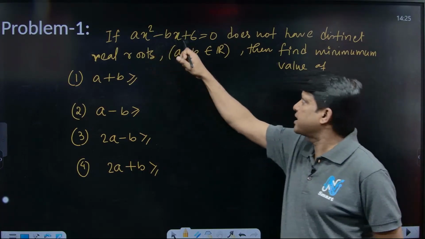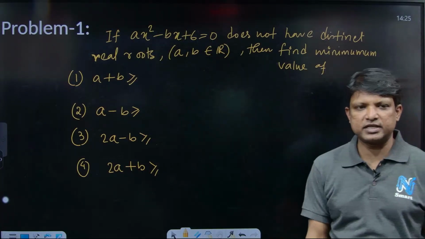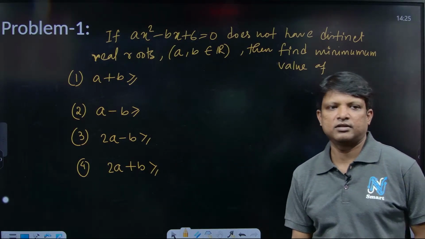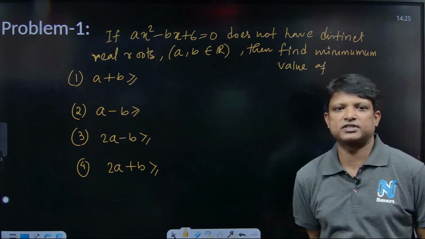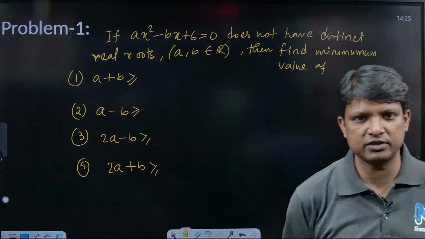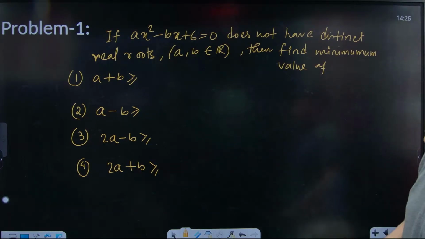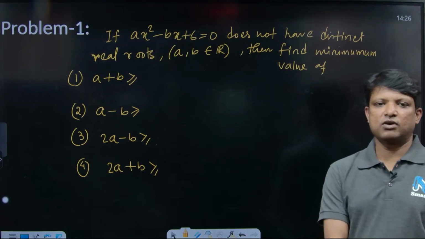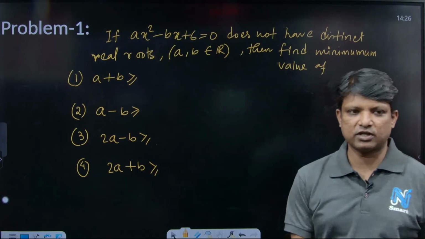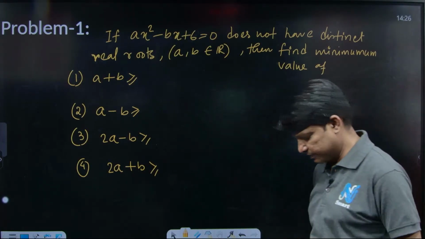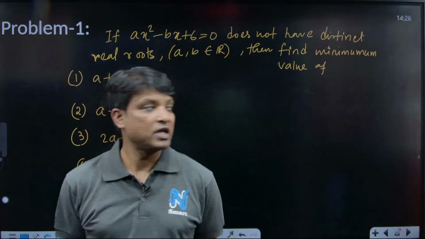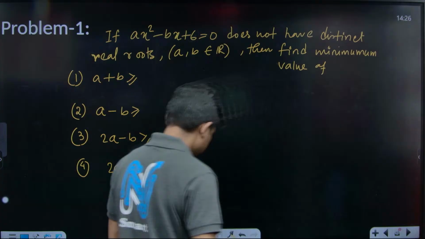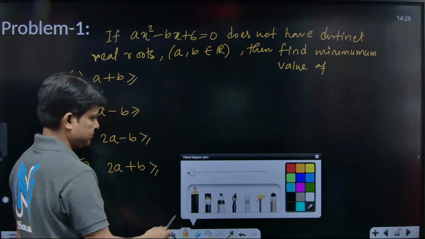ax square minus bx plus 6 is a quadratic expression, given that it does not have distinct real roots. That means it has either equal real roots or both roots are complex, any one of these.